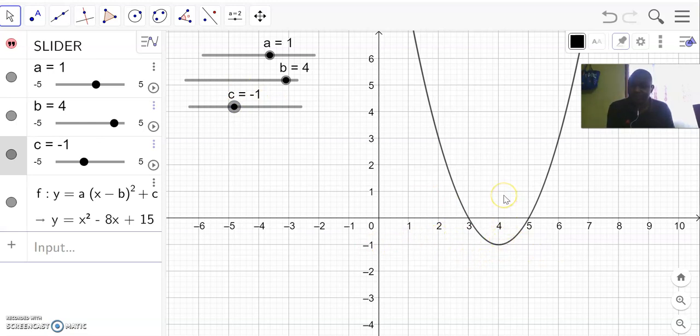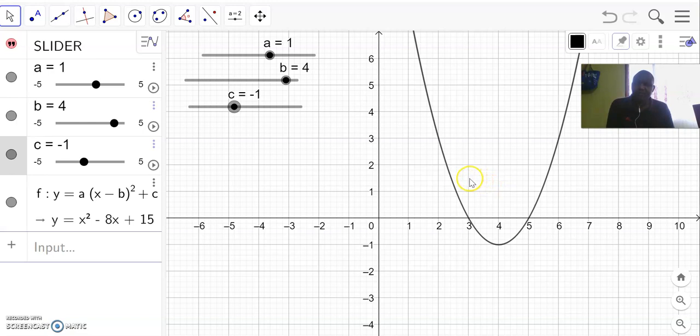You can see the beauty of using GeoGebra in teaching about the effect of the values of A, B, and C on the curve. And the student can easily get the transformation of the effect of each one of them.